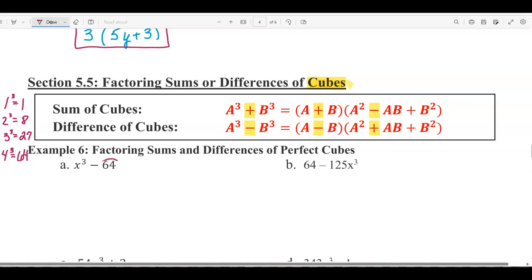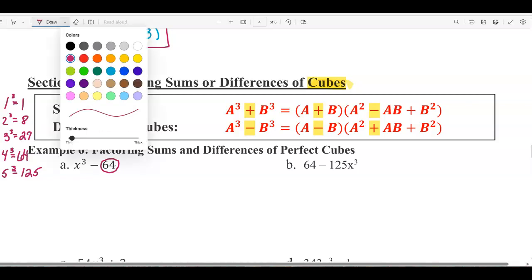And we notice we see a 64 right here in the first example. 5 cubed is 125. And we can keep going. You can always use your calculator if you're unsure of a number. You can either use the cube root on your calculator, or you could simply trial and error 2 times 2 times 2, or the exponent key to be able to match the cubes.